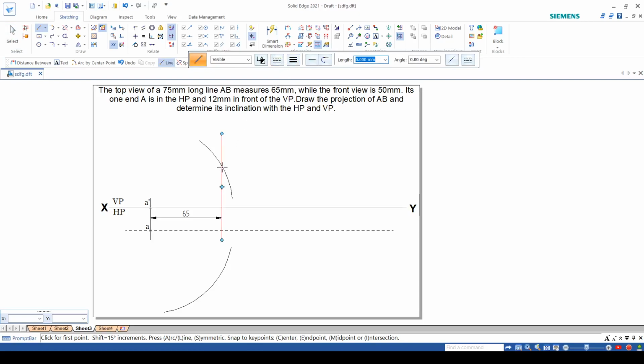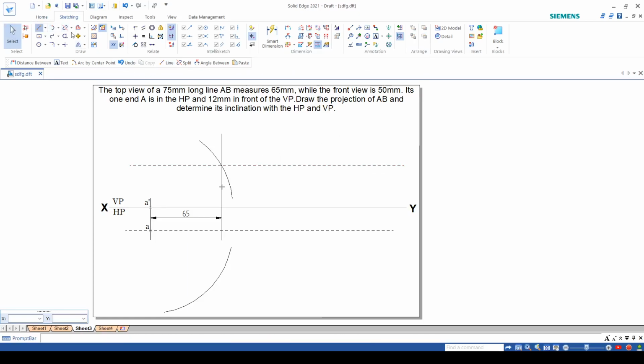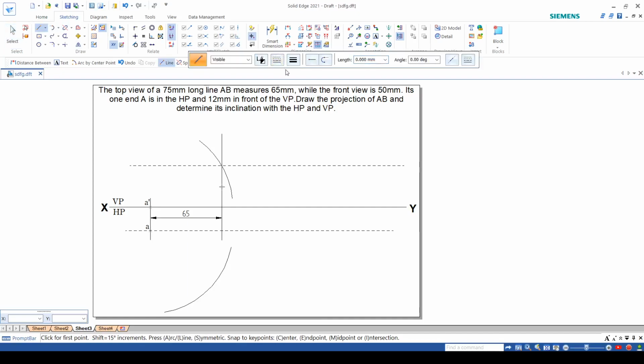Now just draw a true length line. This would be our true length.